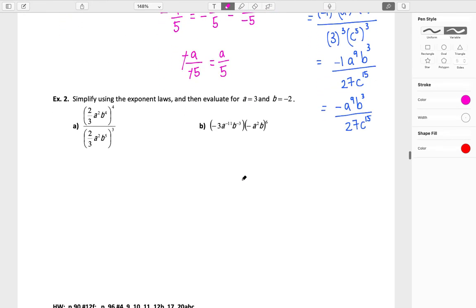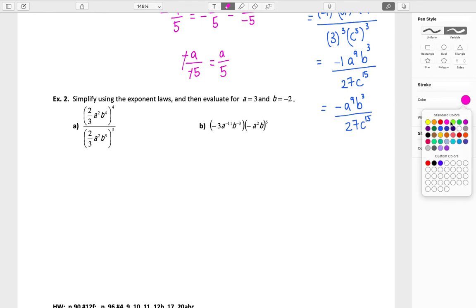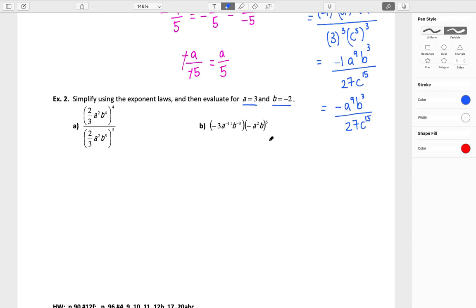Now let's try number 2. We want to simplify using the exponent laws, and then we want to evaluate by plugging in these numbers. Okay, so let's try number 2a. It looks like they are separate. Notice how we have the numerator and the denominator with exponents 4 and 3.